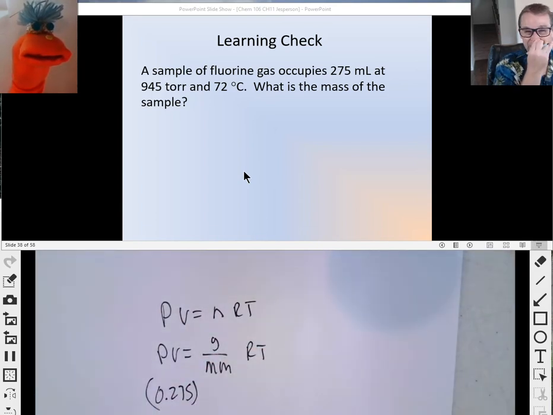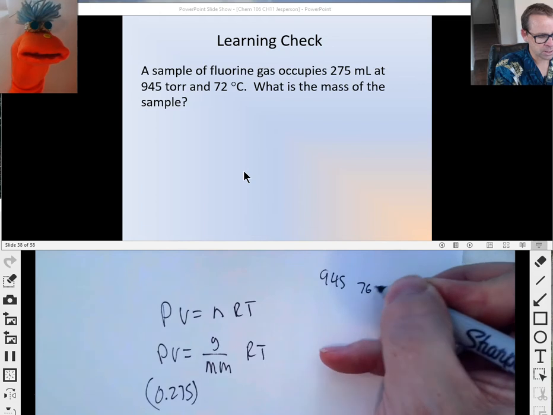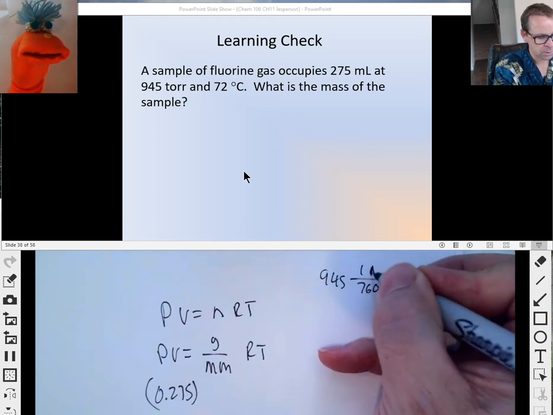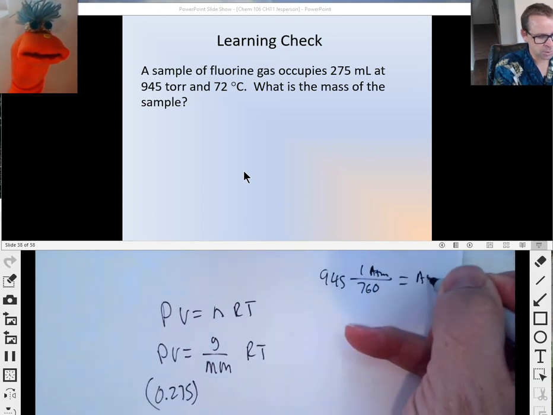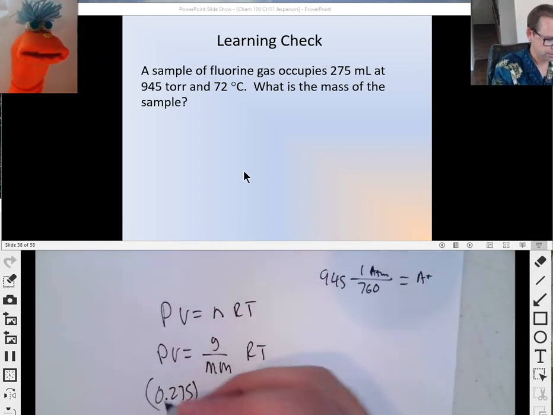Pressure, 945 torr. 760 torr is 1 atmosphere. So we want it in atmospheres. So 945 divided by 760, 1.24.